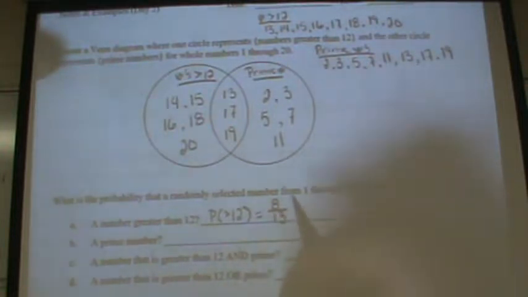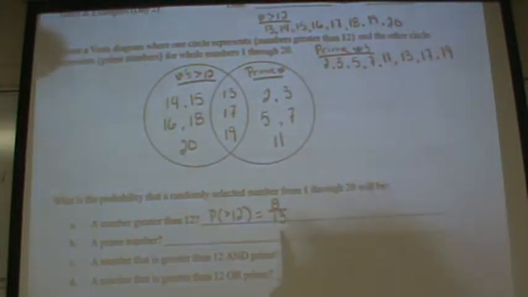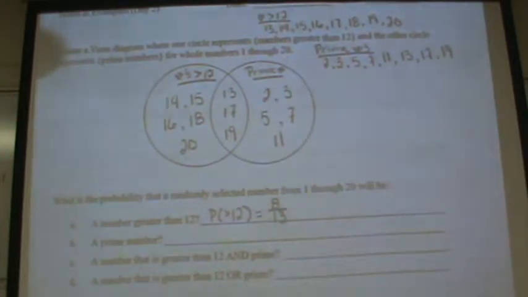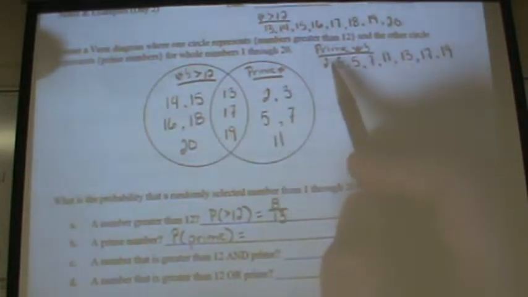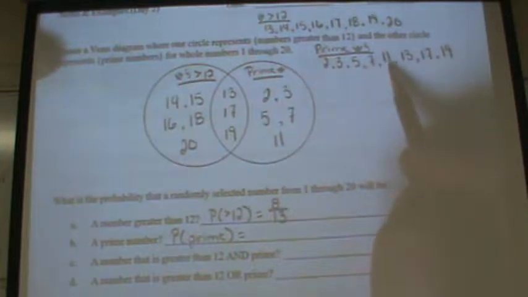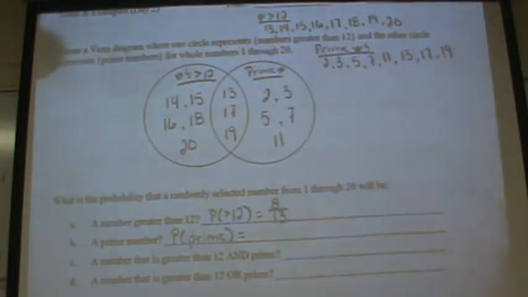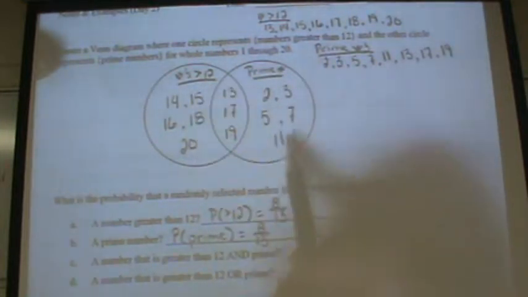So an 8 out of 13. Now we want to know the probability that you get a prime number. How many prime numbers did we have? 1, 2, 3, 4, 5, 6, 7, 8. So we have 8 prime numbers again, and that's still over our 13, which was our whole set.